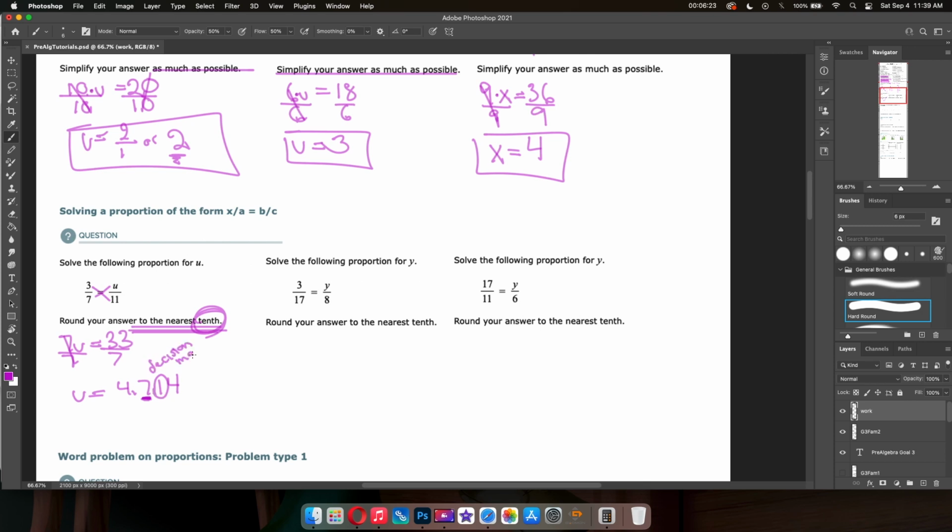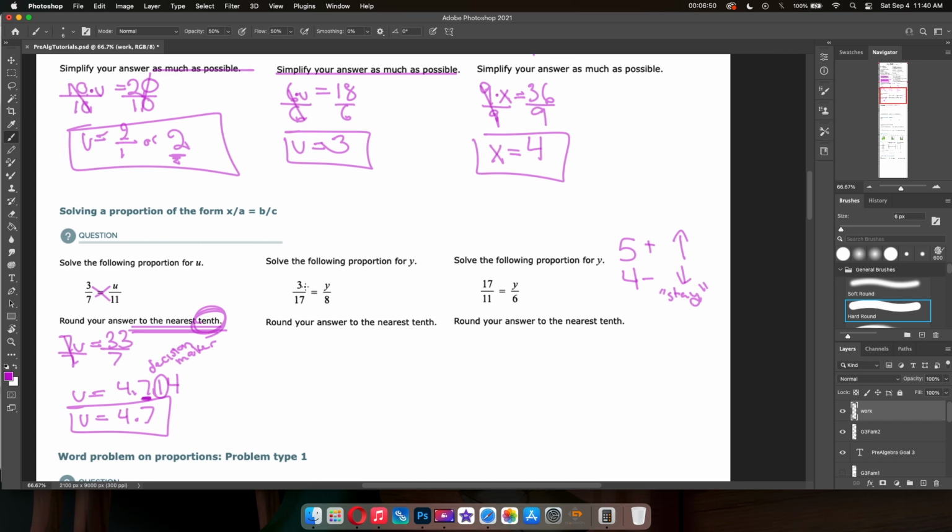I think I talked about this in the last video, but if this is your first time viewing, decision maker means if it's 5 or more, you round up. If it's 4 or less, you round down. In other words, rounding down is a fancy way of saying stay the same. Now in this case, because it's a 1, that's 4 or less, it stays. So my final answer is going to be 4.7.